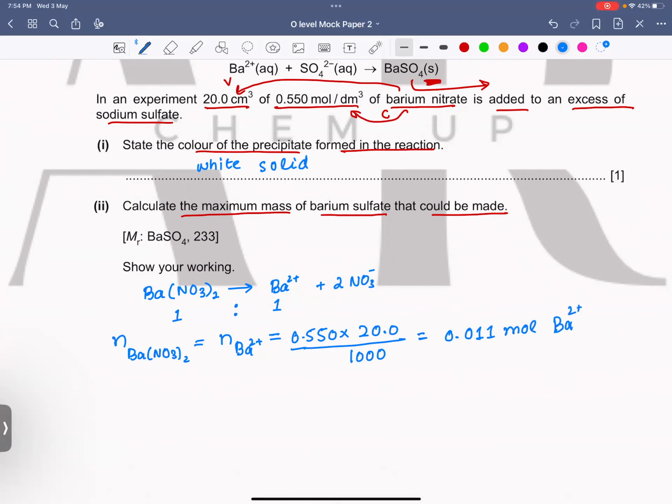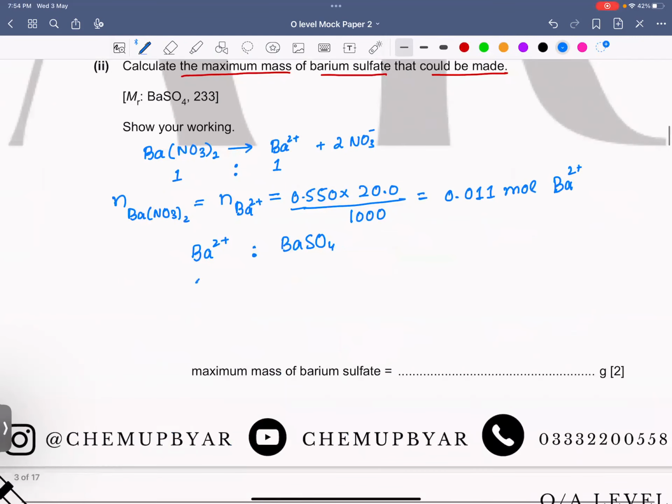Now, if you look at the equation which is provided in the question, it suggests that 1 mole of barium is going to produce 1 mole of barium sulfate, right? So the moles of barium that I have found is actually the moles of barium sulfate as well.